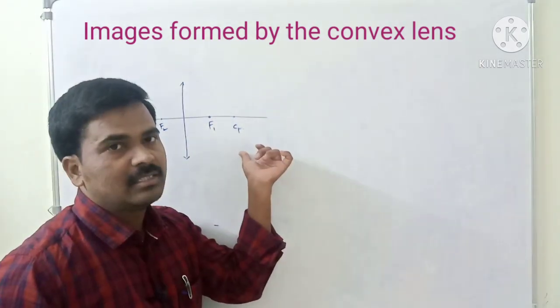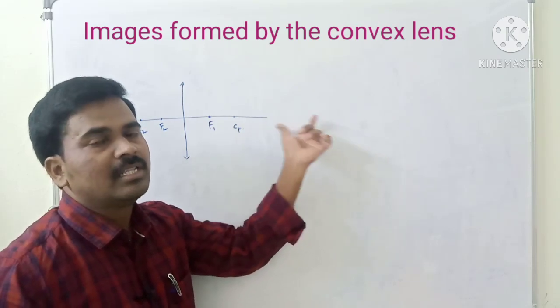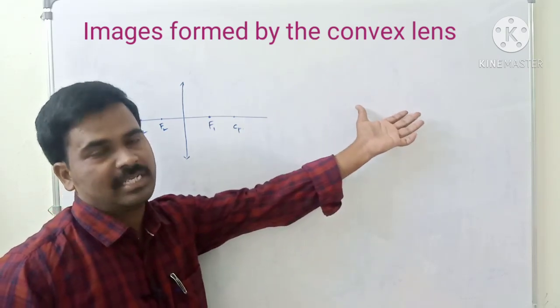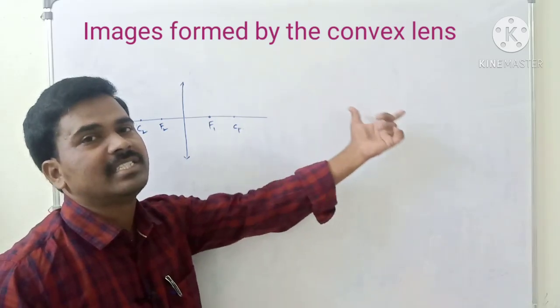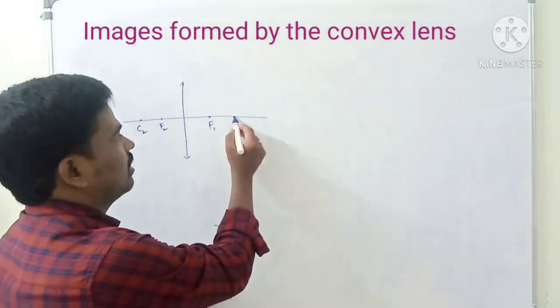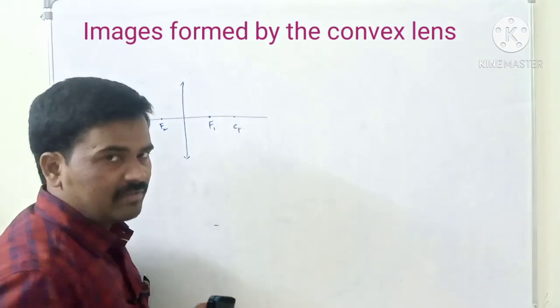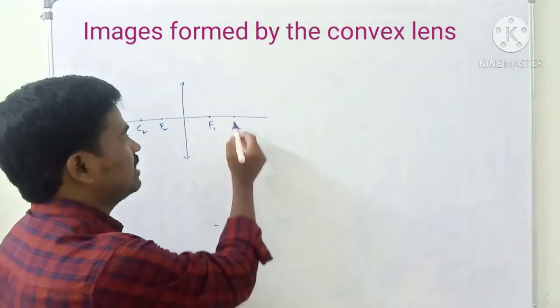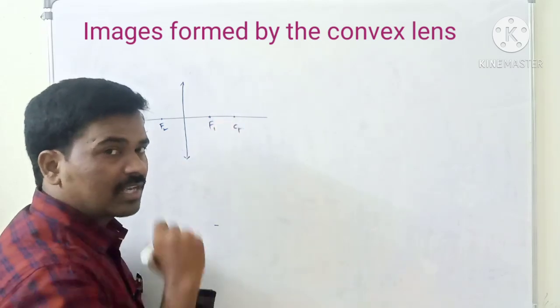The first place is at infinity distance, that means the rays coming from the infinite place. Second place, beyond the C1, that means beyond the center of curvature. Next place, at the C1, that means at the center of curvature.